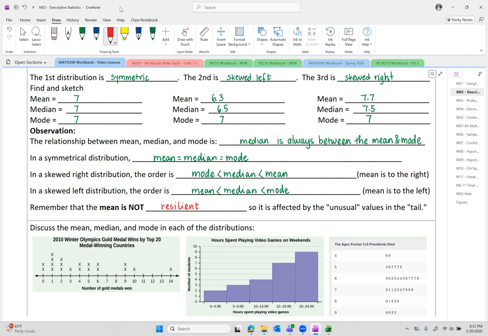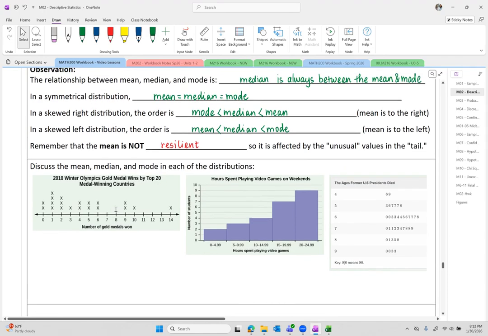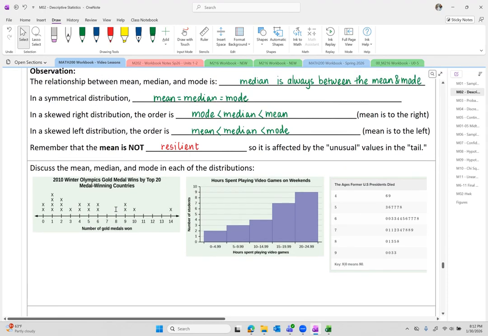So discuss or think about the mean, the median, and the mode in each of these distributions. Pause the video and then reopen the video to see if you correctly guessed what is the skew of the distribution and what is the relationship between the mean, the median, and the mode.